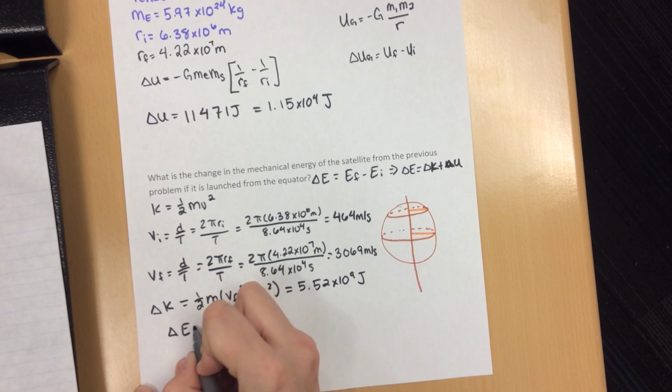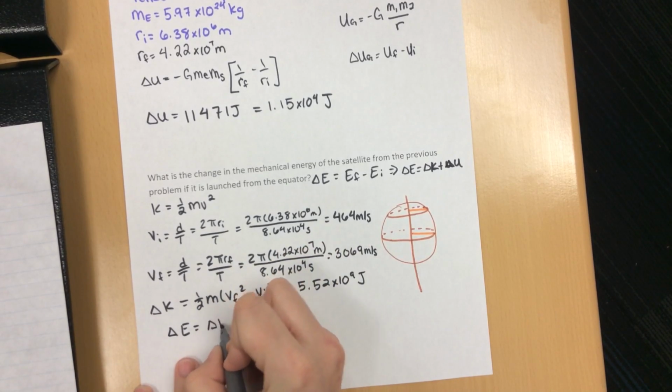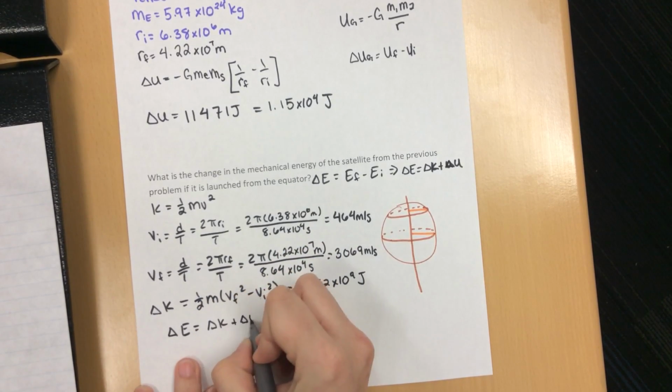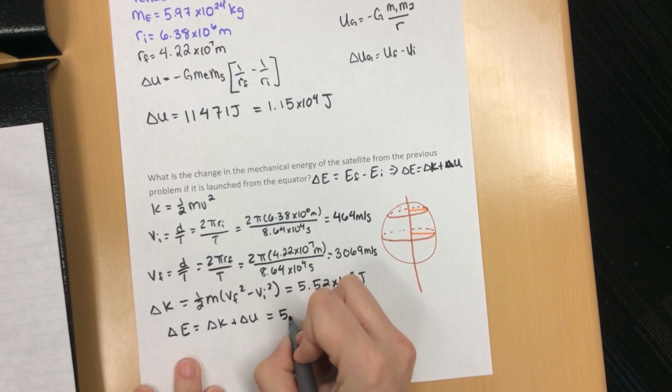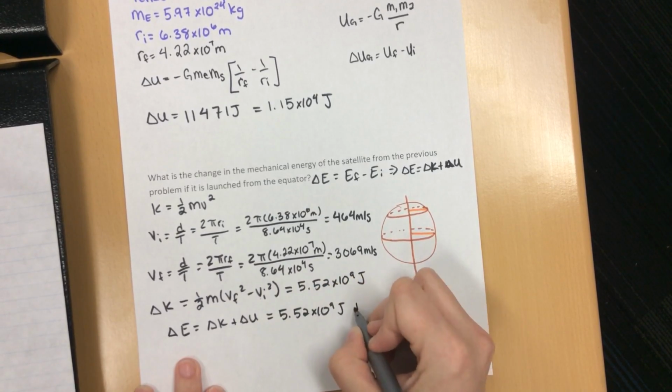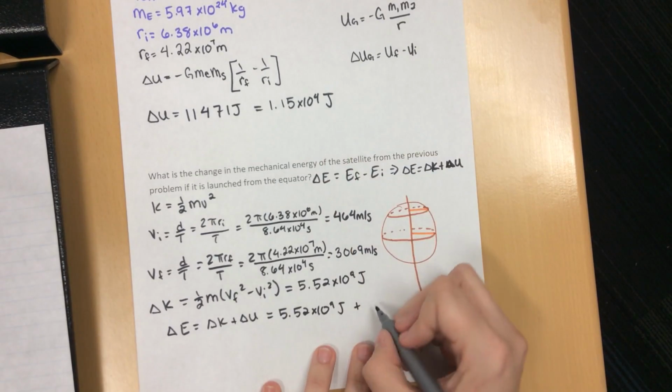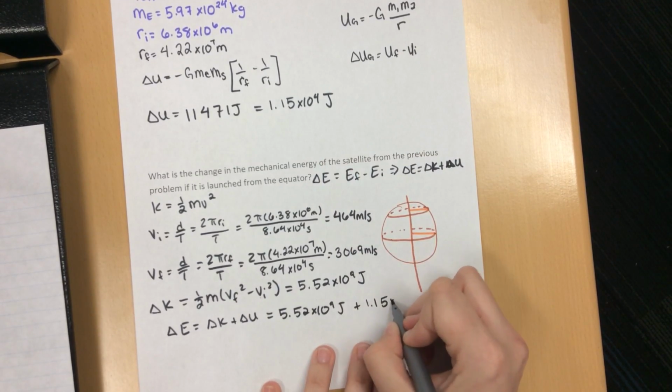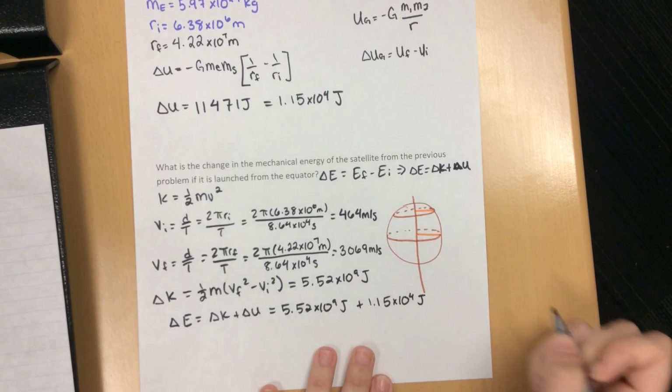Our change in mechanical energy is going to equal our change in kinetic plus our change in potential. So we have that 5.52 times 10 to the 9th joules plus, from our previous problem, 1.15 times 10 to the 4th joules.